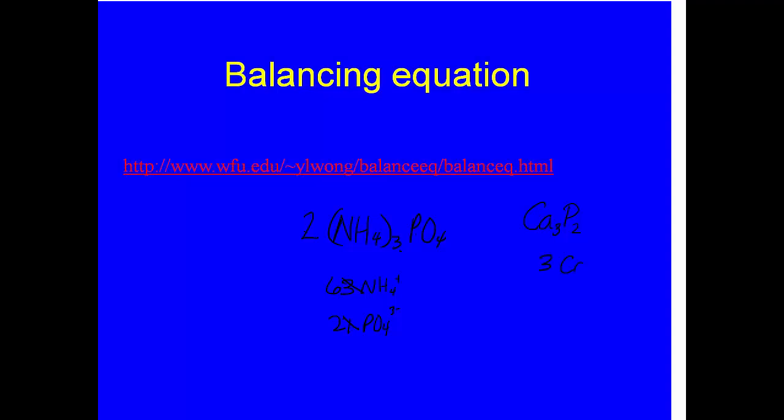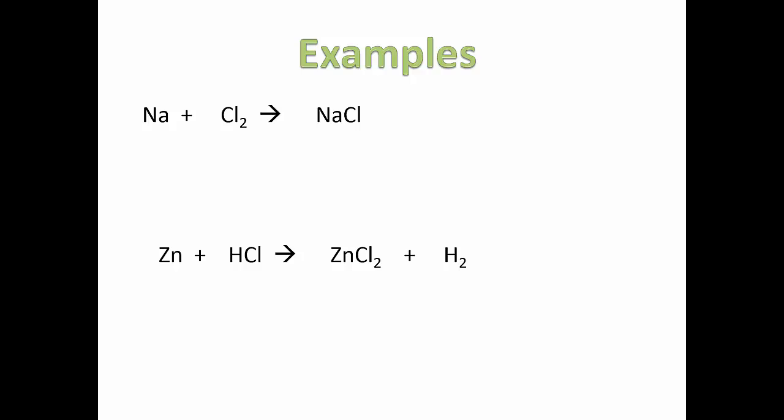This is just 3 calcium ions, 2 phosphoruses. You put a 3 in front of this. 3 times 3 would give me 9. 3 times 2 gives me the 6. So that's what I'm doing when I go back and forth. And when I say you put a coefficient, the coefficient affects all of the elements in that compound, but if you see a plus sign, it only affects the compound before the plus sign, or just that individual compound.